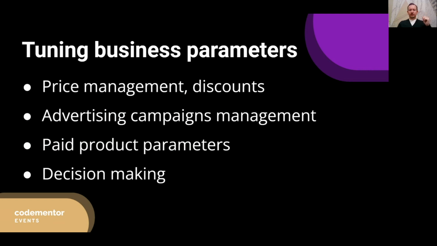It can be advertising campaign management, for example, when you send the data about your users or about their actions to an advertising system to optimize campaigns. This can be some paid product parameters, for example, composition of bundles of your product or of your services.